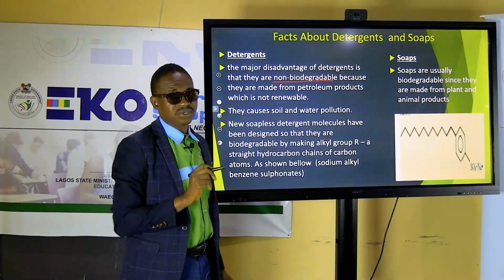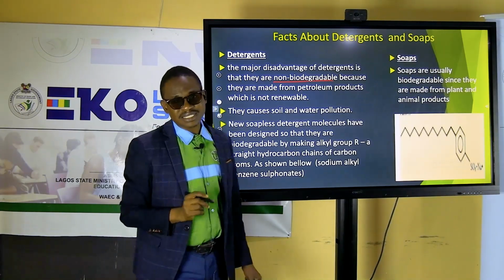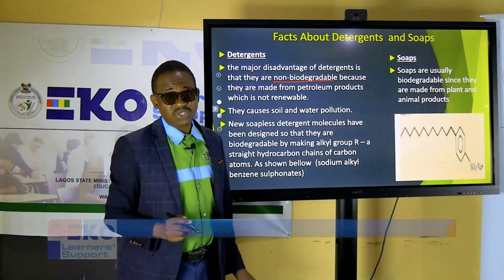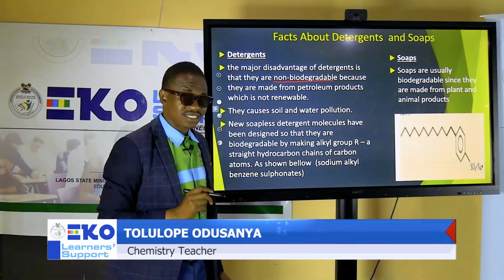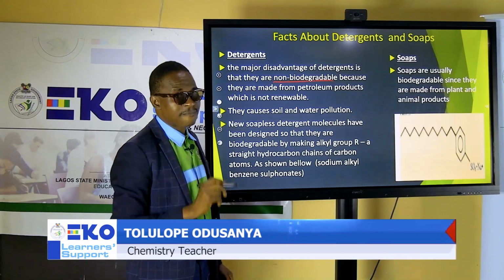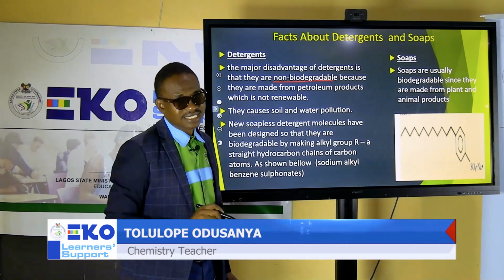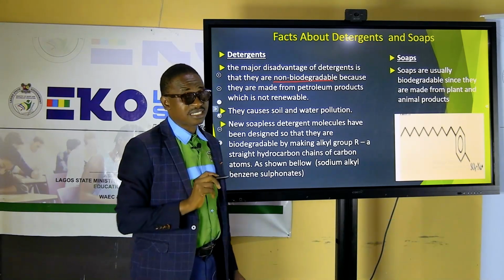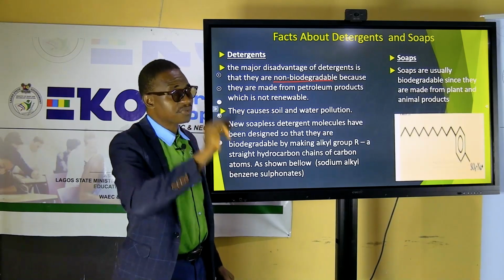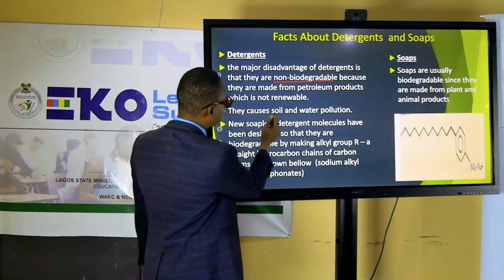And that could harm the water we use. Is it only water? No. The other thing, it could affect the soil and the plants will not be able to grow well. So remember that I've told you that the one disadvantage of detergents is that they are non-biodegradable.